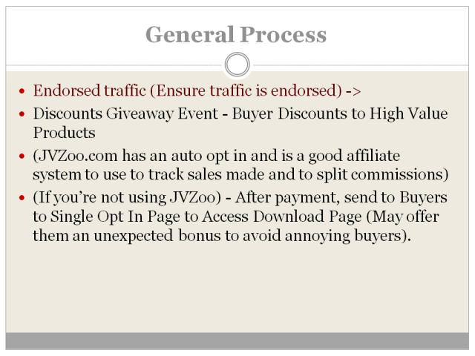After the front end payment or the upsell payment, you want to send your buyers to a single opt-in page to access the download page. That way you gather the leads, you know who actually bought the products, and you have access to them in the future. So make sure that you build your list.